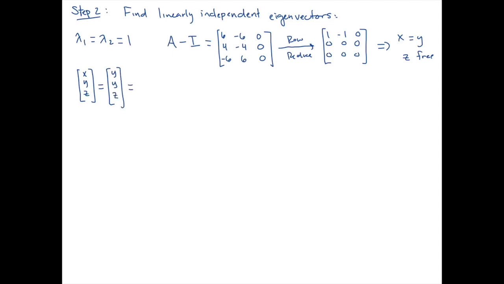And if we split this up like we always do, we get 1, 1, 0 times y plus z times 0, 0, 1. And so what this means is that we found a basis for our eigenspace.